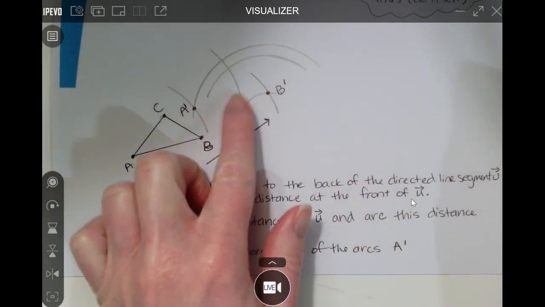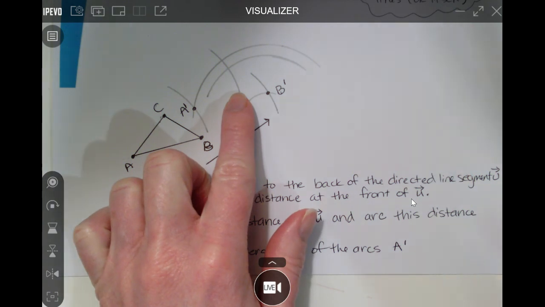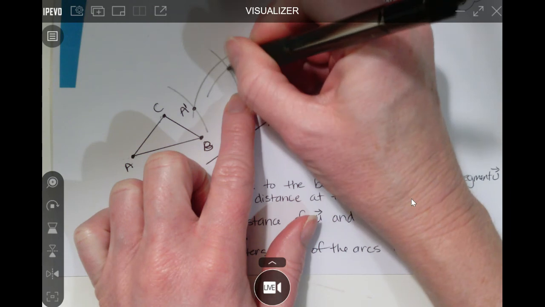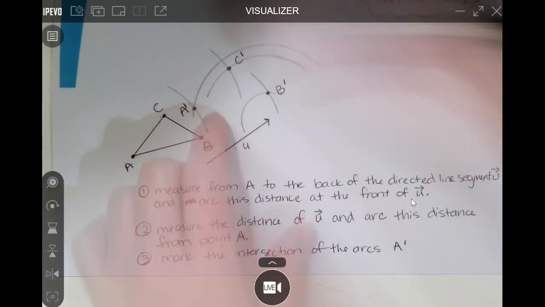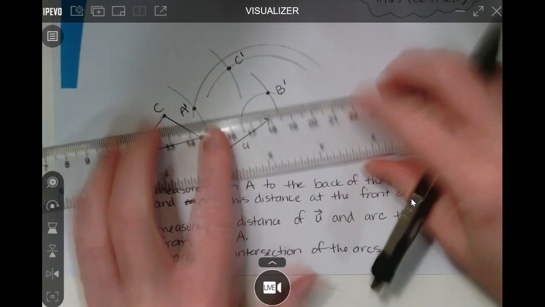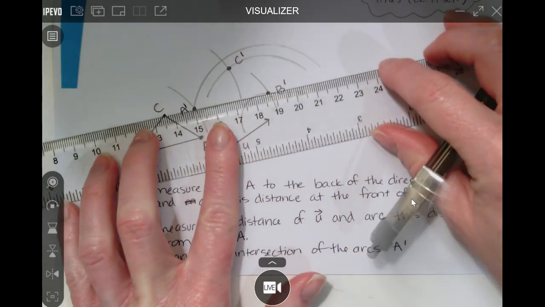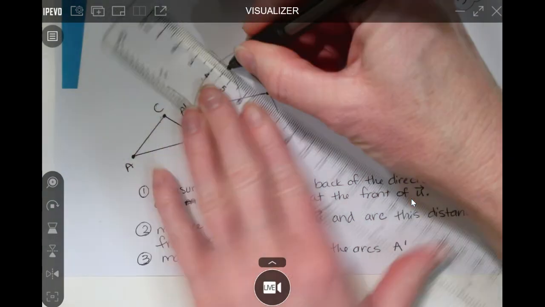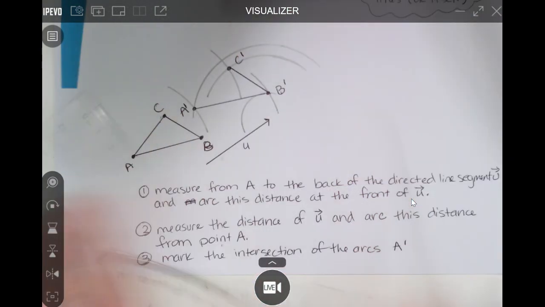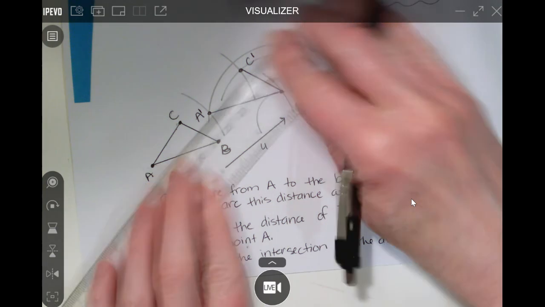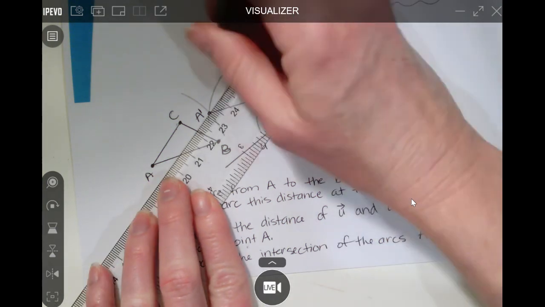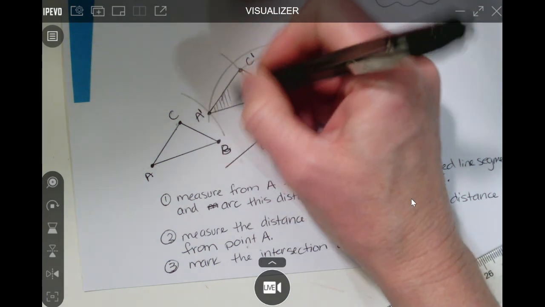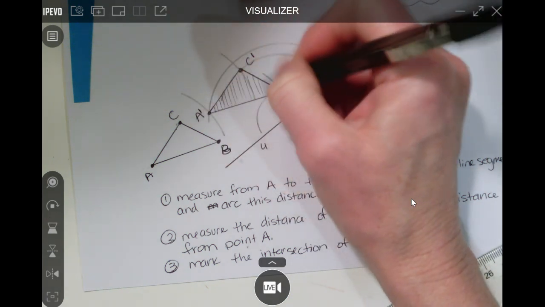Where this arc for the distance intersects my first arc for the direction is my C prime. So now let's join A prime, B prime, and C prime. And this would be my image, A prime, B prime, and C prime.